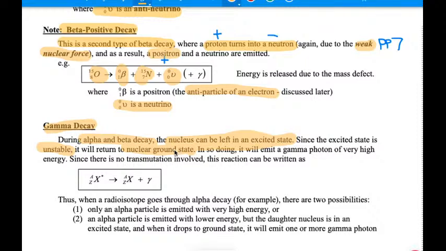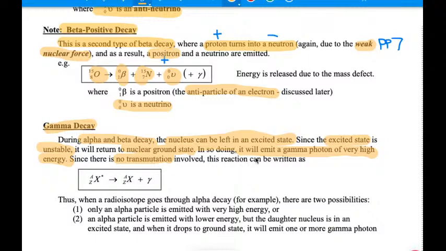So we want to go from our excited, unstable state to our stable ground state. But we need to do something with that energy, because the excited state has high energy, ground state less energy, but that energy is being converted to this gamma photon, very high energy. So we're emitting this high energy gamma photon. There's no transmutation since we're not altering the number of protons or even neutrons.